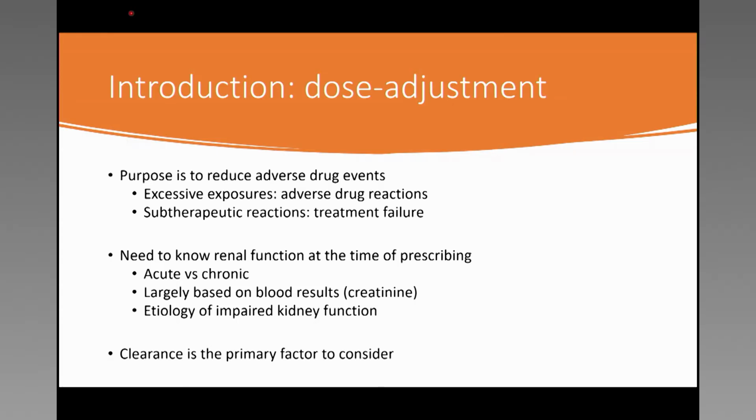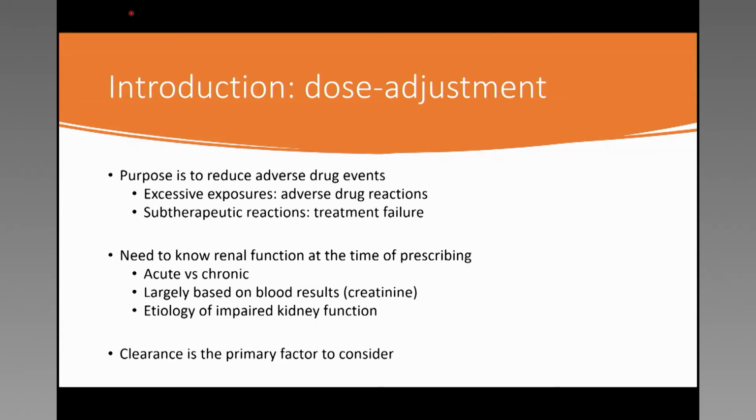First of all, we need to know what the renal function is at the time that we're prescribing. And if there's any changes to the kidney function, if this is an acute change or a chronic change compared to, for example, a reference population. And when we're doing this, it's largely based on blood results, notably the serum creatinine concentration.